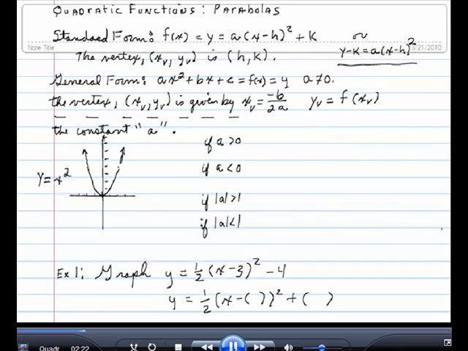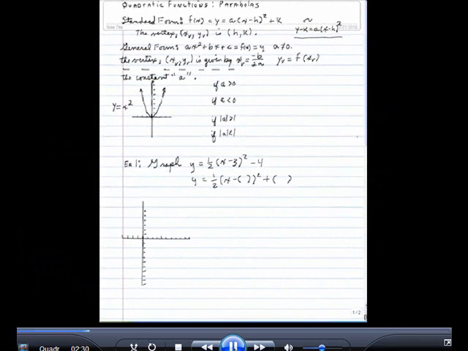The vertex in this case, (x vertex, y vertex), is given by: x vertex is negative b over 2a, and y vertex is just f of x vertex.